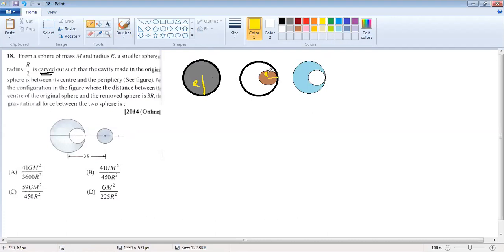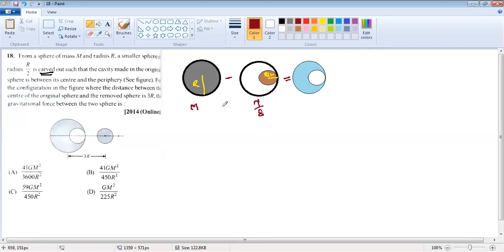This radius is r by 2. Exactly as earlier, this mass is m. Now this mass becomes m by 8. This minus this gives this.